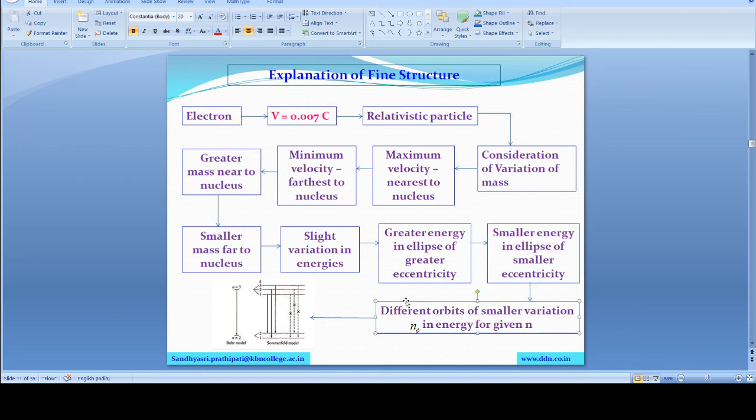So the different orbits give a smaller variation in energy for a given n, where n is equal to nr plus n phi. For n phi, a smaller energy variation will be given. So the fine structure has been explained.